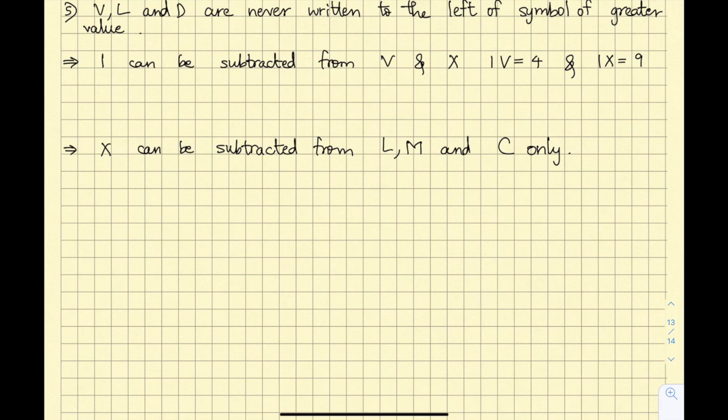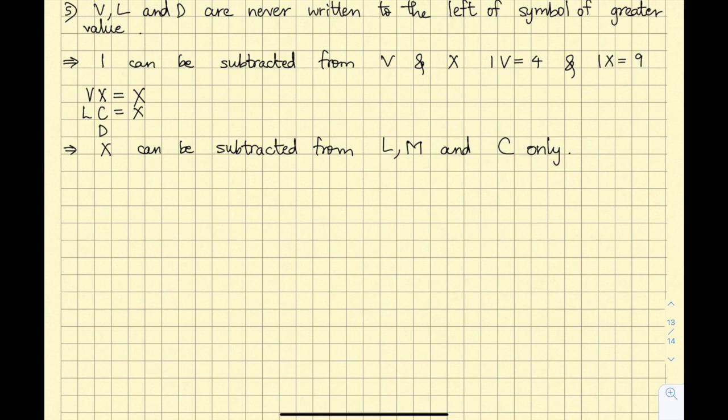Okay, for example, you cannot write with 10 this way, V. So this is not going to give you any answer. This is absolutely wrong. Similarly, you cannot write L to the left of any greater value like C. This is also considered wrong.